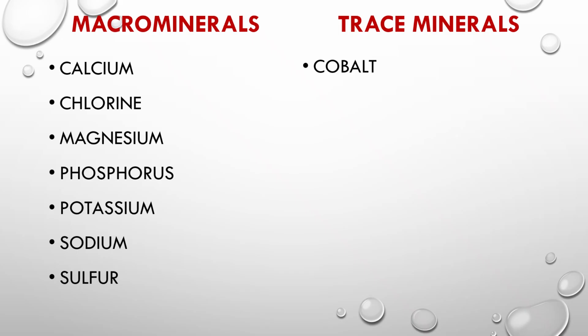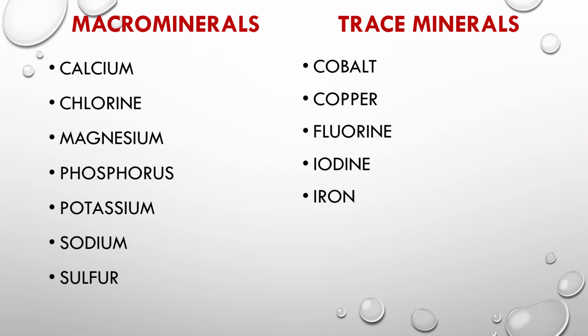Then our micro minerals or trace minerals, so things we still need, but just in small amounts. Cobalt, copper, fluorine for our teeth, iodine, iron. Again, somebody with anemia that doesn't make any at all, we need to supplement that. Manganese, and selenium. And then our last one here is zinc.